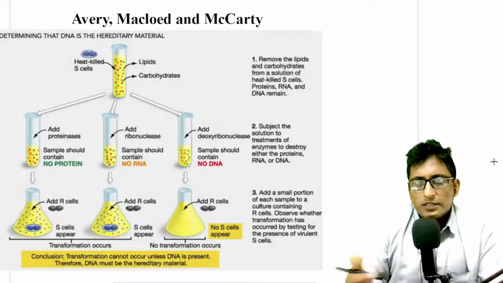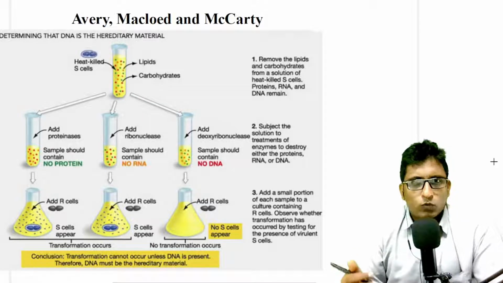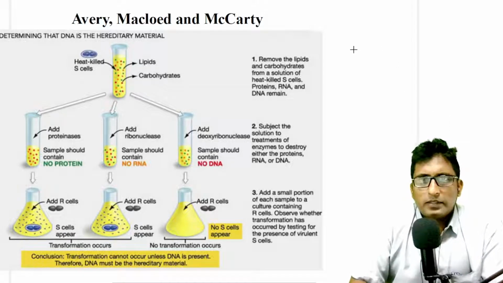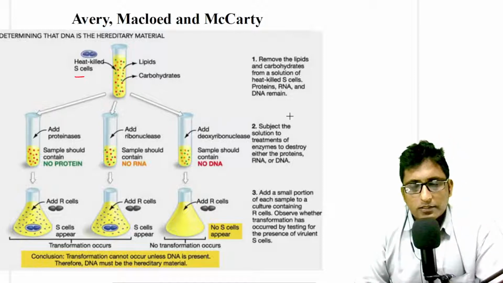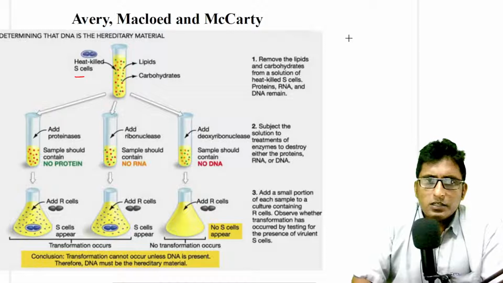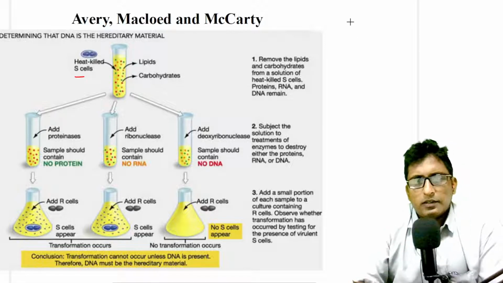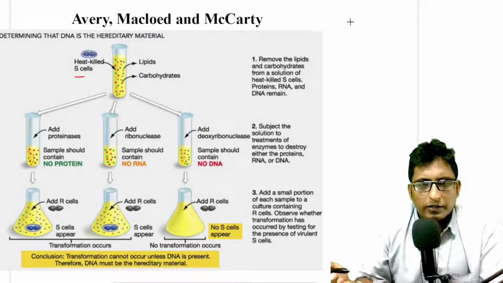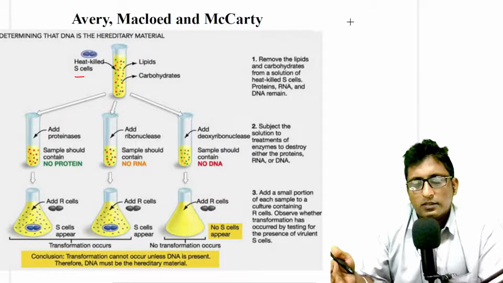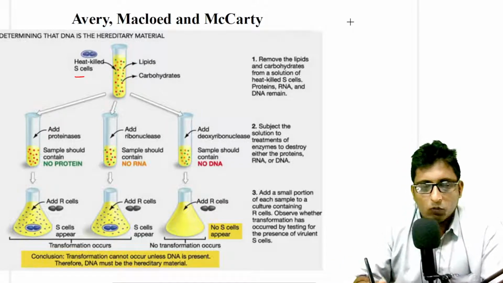This is again a nice deductive way of doing things. They took the heat-killed S cells, and they used lipases. They tried several other enzymes as well, to test that lipids and carbohydrates are not involved.